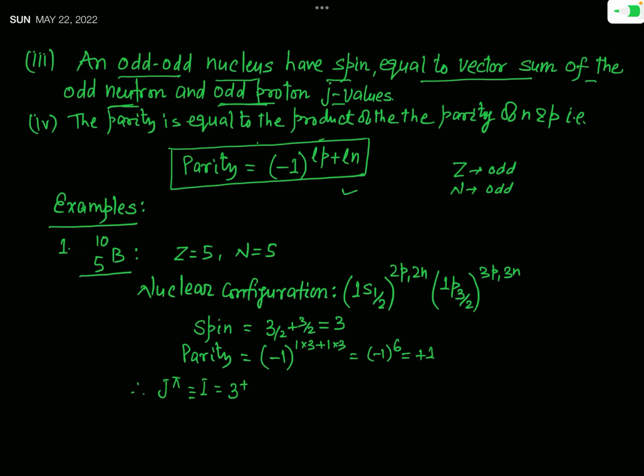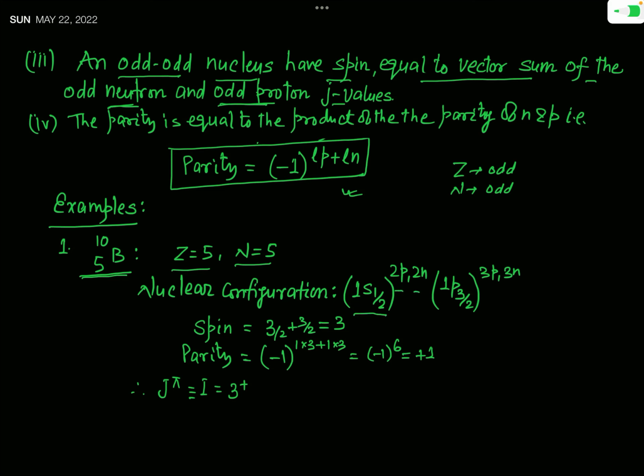How parity is calculated, I have mentioned it here. The first example I have taken is 5B10. You can see Z is equal to 5 in this case, and N is also equal to 5. So this is an example of an odd nucleus. Now write the nuclear configuration. This will be 1s 1/2 2p 2n, 1 unit.